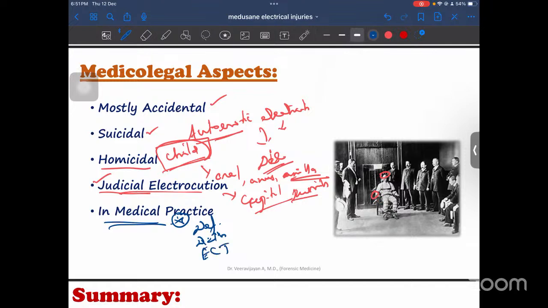These are some areas where we medicos use electricity. We have to be careful. If patients get an electrical injury because of either equipment failure or our unawareness, it amounts to medical negligence. These are some of the important aspects of electricity.